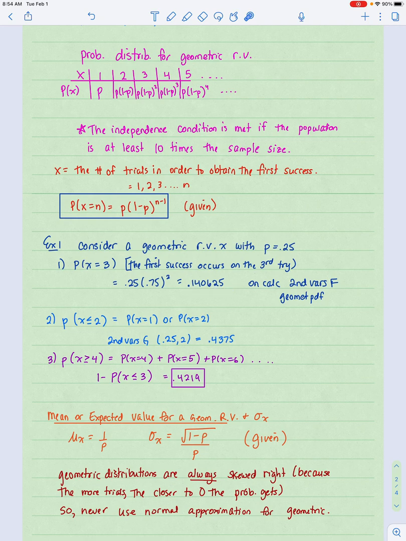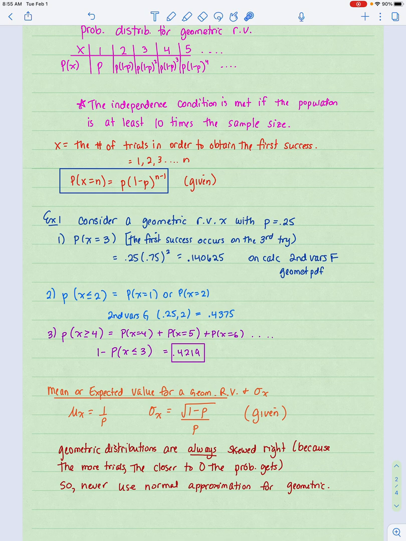But if you do want to do it with the menu, it's second vars F. The easiest way to get there is press second vars and then arrow up, and you'll get to F. Geomet PDF means to do one value. And we were just doing the value of x equals 3. That's why we did PDF. But this is how you do it with the formula.